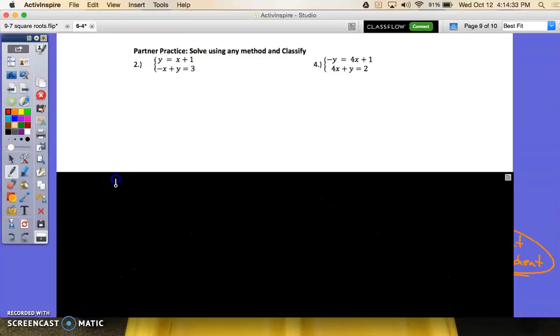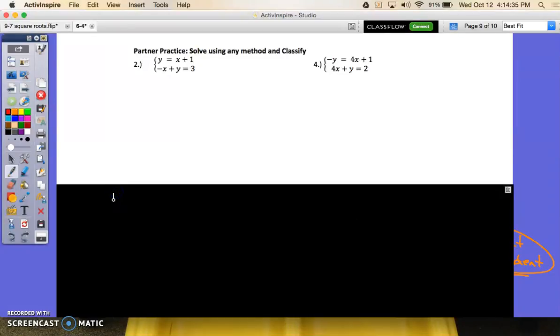Now, here are some additional problems that we could do. Let's go ahead and solve each one of these. For number 2, I'm going to just rewrite this as y equals x plus 1. Right here, I'm going to add x to both sides, and I'd be left with y equals x plus 3. Anyone notice what the solution is immediately with no further work?